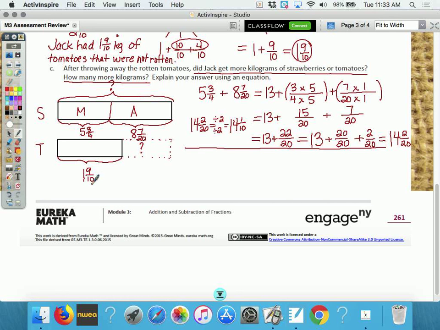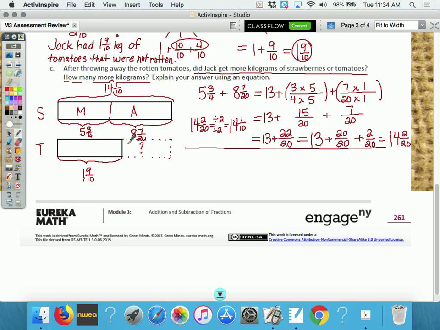Okay, so here's what I have. I'm going to erase this equal sign because now I know that my total amount of strawberries picked was 14 and 1/10. Yes. Okay.